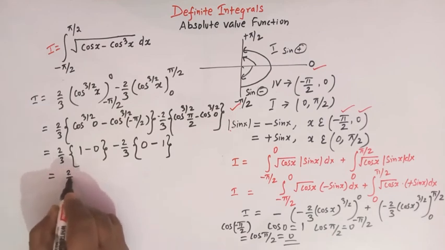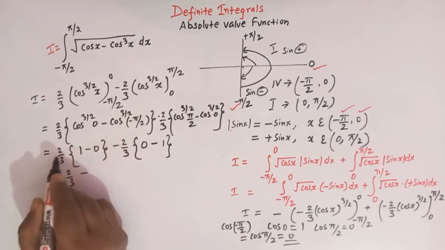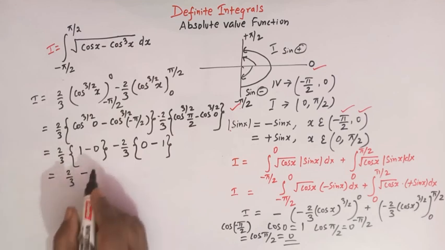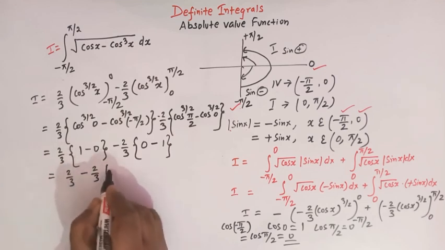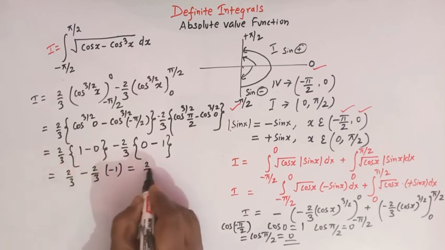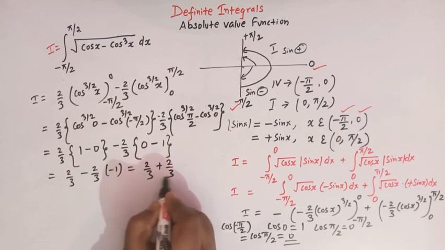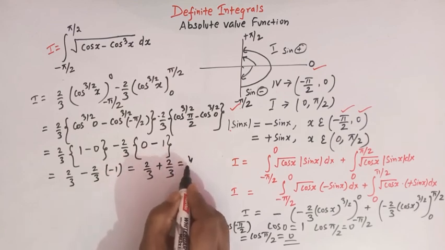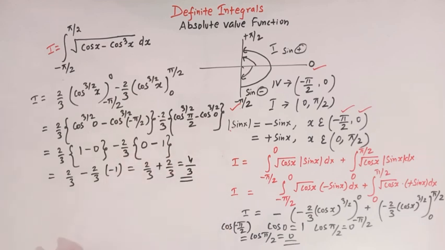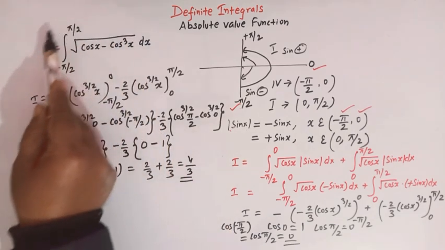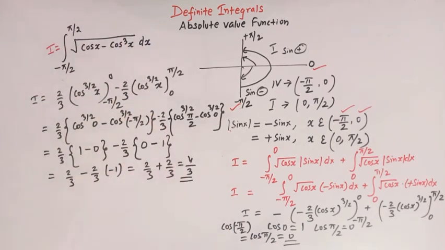So we have 2 over 3 and minus, this is 2 over 3 times 1, minus 2 over 3 minus 1, and 2 over 3 plus 2 over 3, that is 4 over 3, right? So viewers, the value of this integral is 4 over 3.